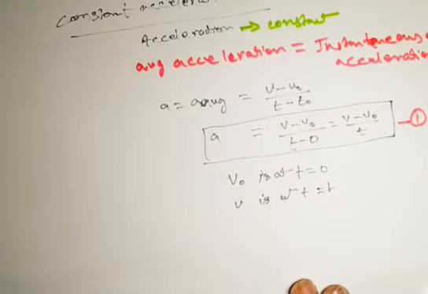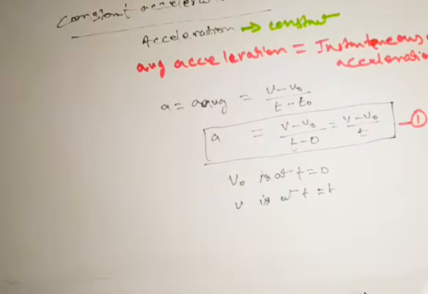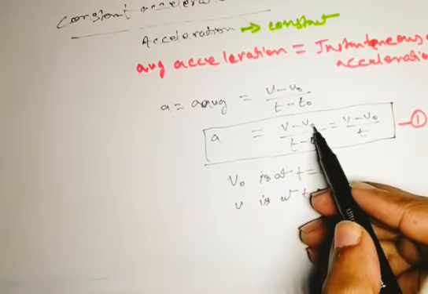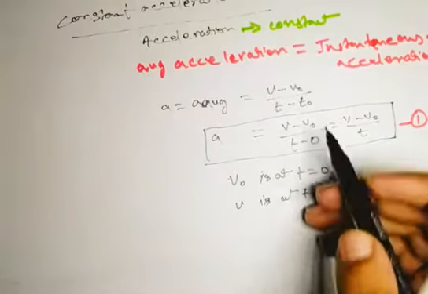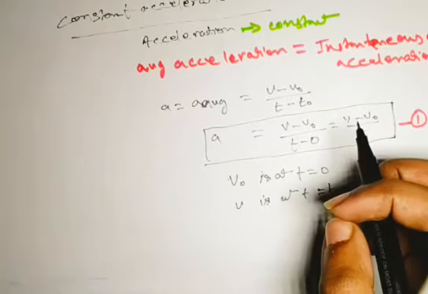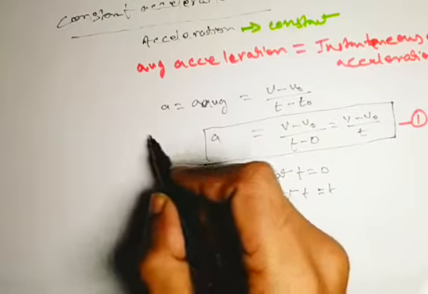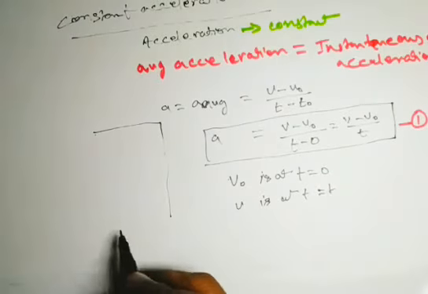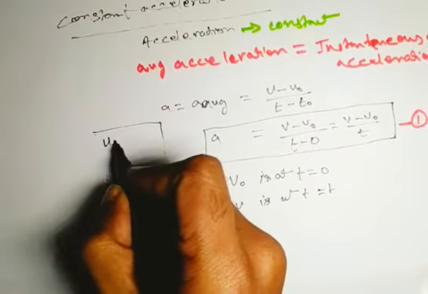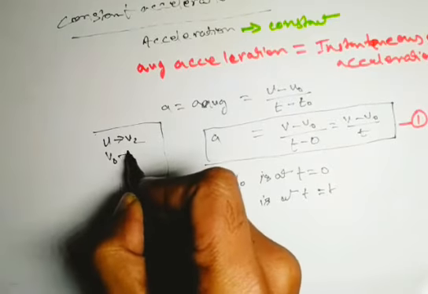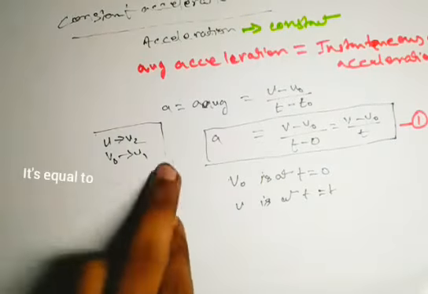So if we change the notation, we already have changed the notation because v naught is v1 and v is v2. You can understand it. Let's clarify it: v corresponds to v2 and v naught corresponds to v1, equal to.